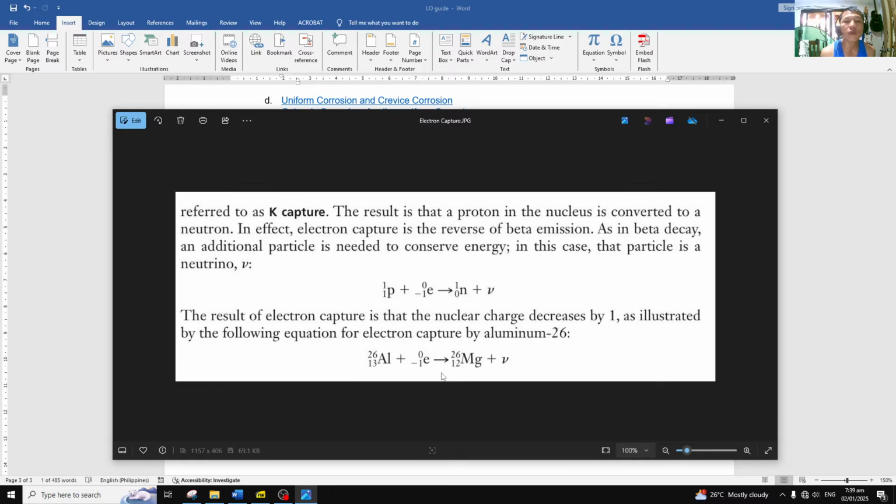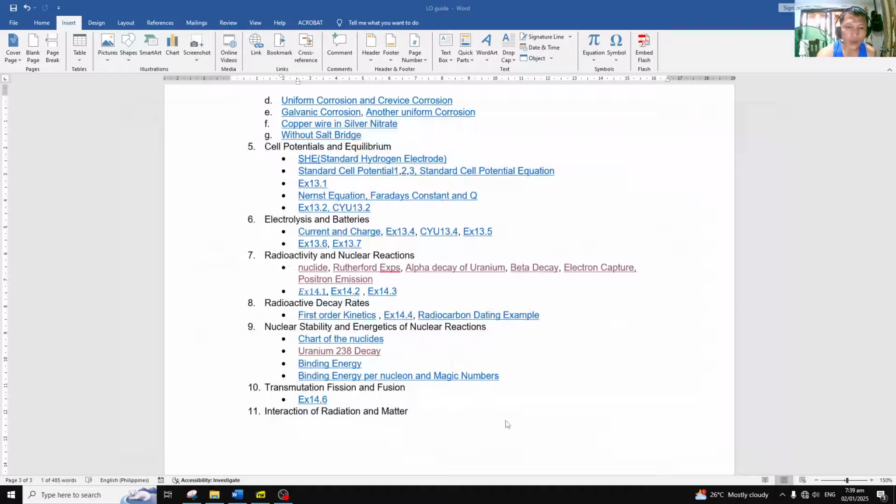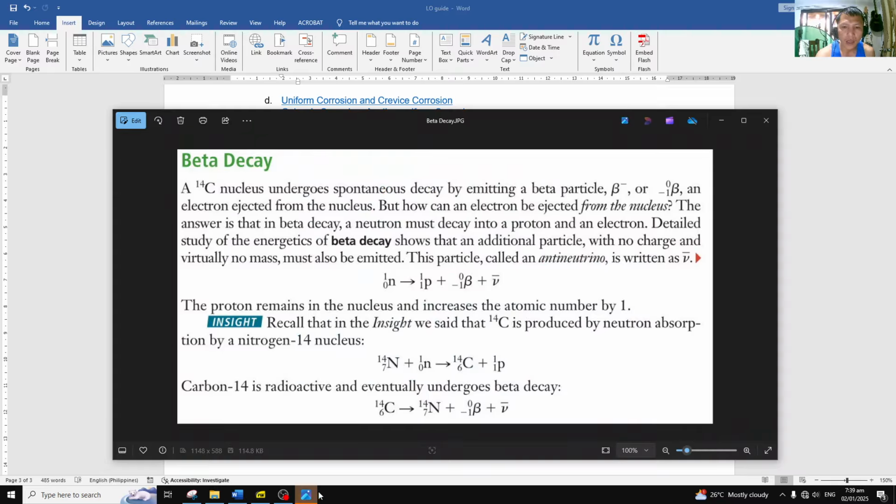I think in some books it is always written as beta, because the notation is the same, 0, -1. So bear in mind that 0, -1 refers to an electron if it is on the reactant side, but it is called beta if it is on the product side. That is 0, -1. Okay?